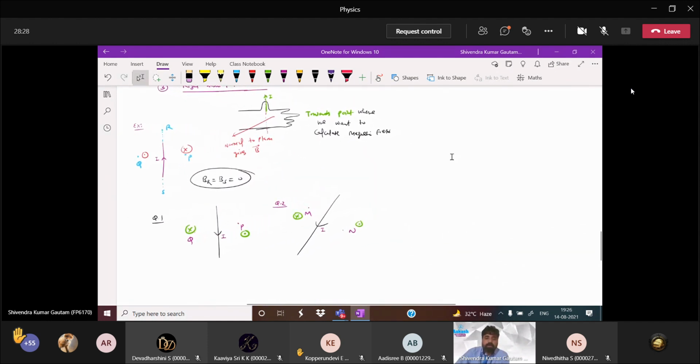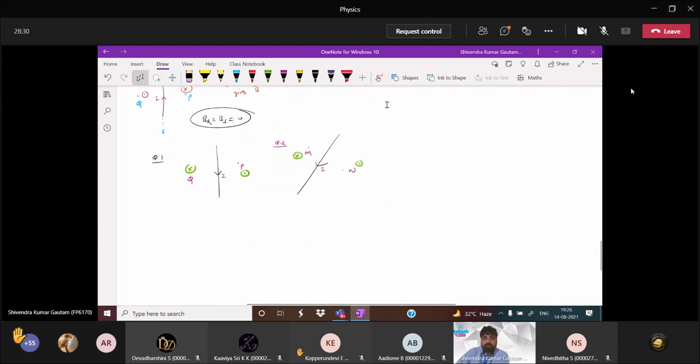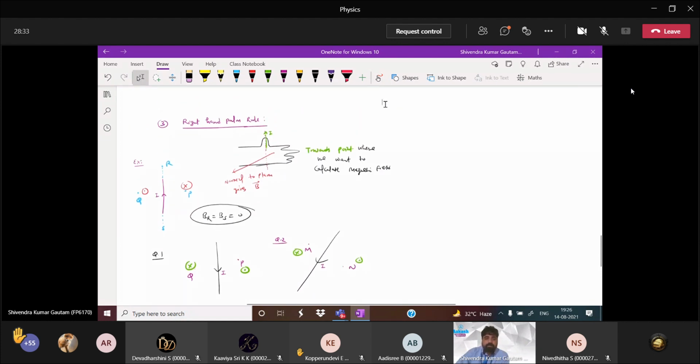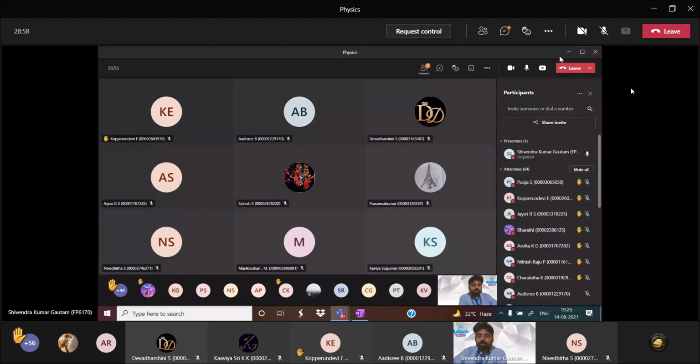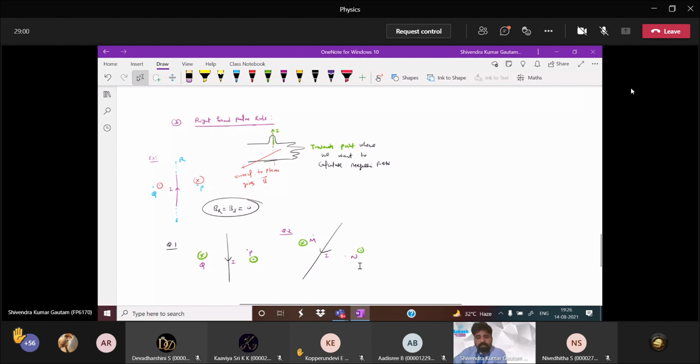Thumb in the direction of current, fingers towards the point where you want to calculate the magnetic field, and the normal to the palm gives the magnetic field direction. Clear here? Completed everyone up to this? So this is the magnetic field direction.